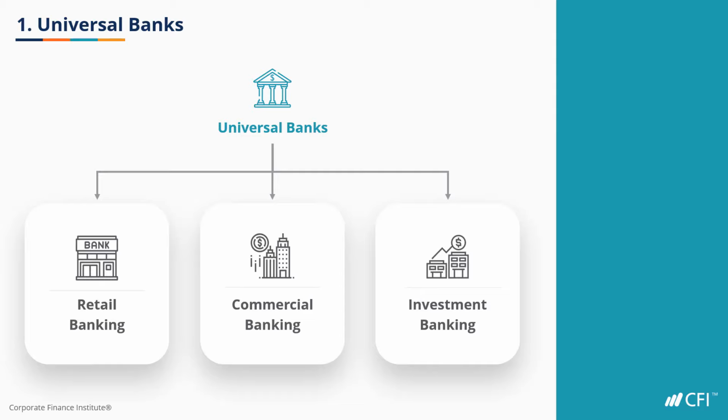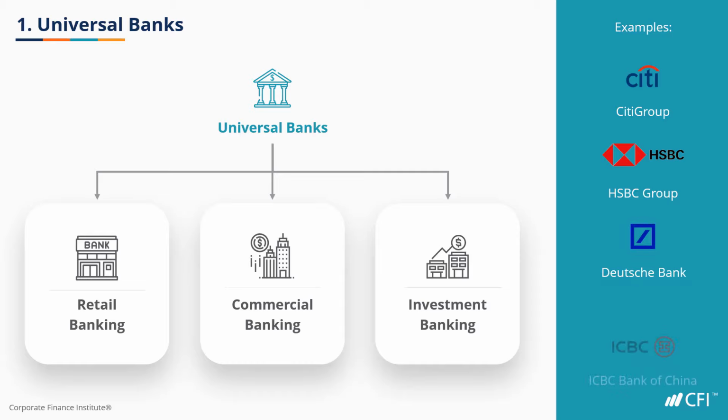Good examples of universal banks include Citigroup, based in the US, HSBC Group, based in the UK, and Deutsche Bank, based in Europe. The largest universal bank in the world is ICBC Bank of China, with over $4 trillion in assets.